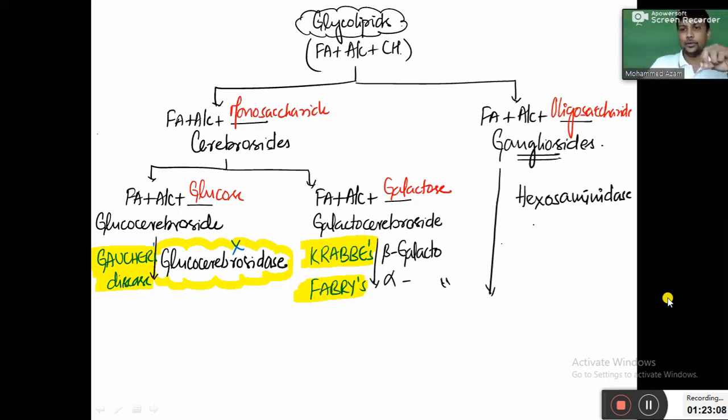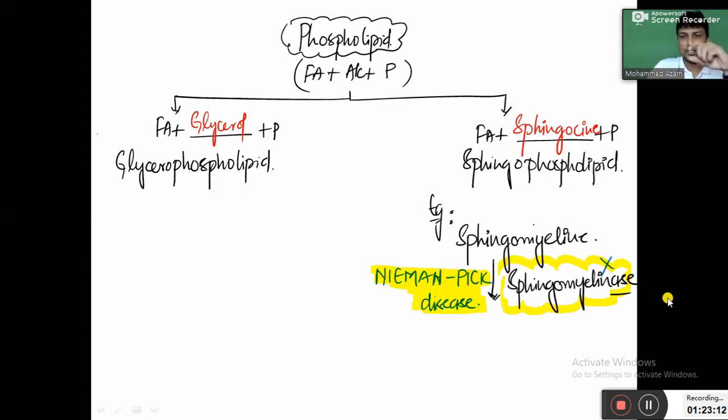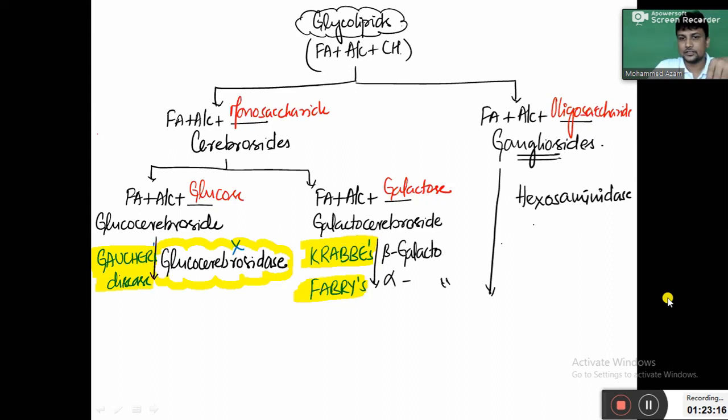From the last few minutes, whatever we are learning is quite easy, right? Sphingomyelin, the name of the enzyme is sphingomyelinase. Glucocerebroside, glucocerebrosidase. Galactocerebrosidase, it goes with the name. But for ganglioside, remember, the name of the enzyme differs. It is hexosaminidase, and that will be of two categories: alpha hexosaminidase and beta hexosaminidase.